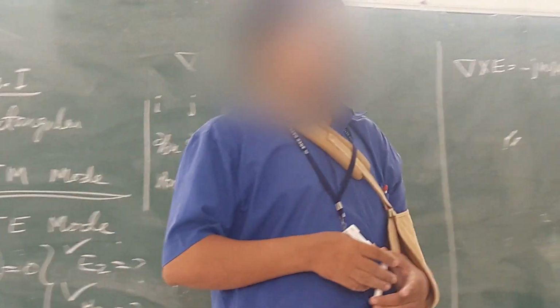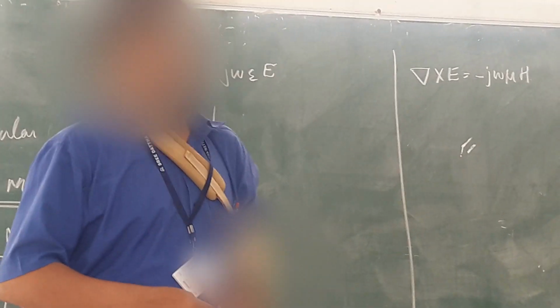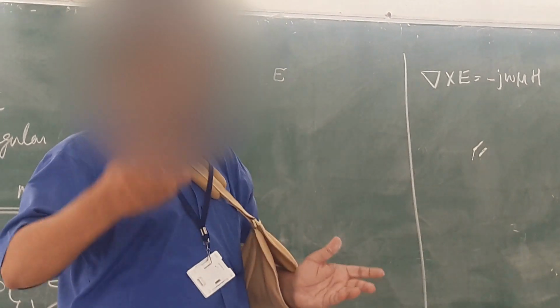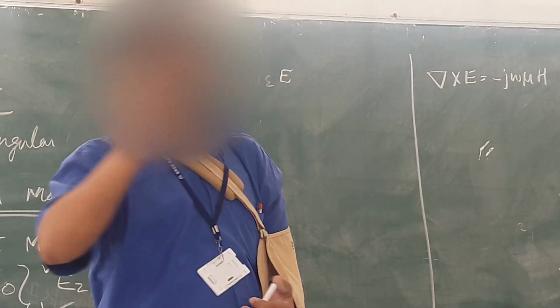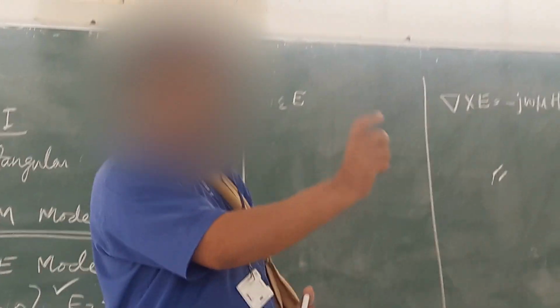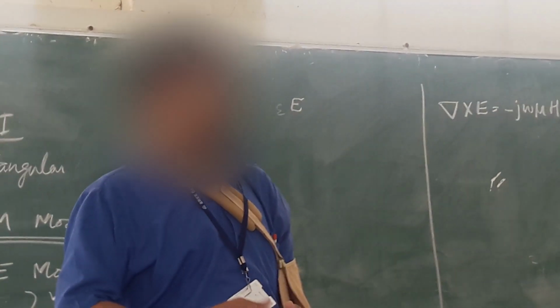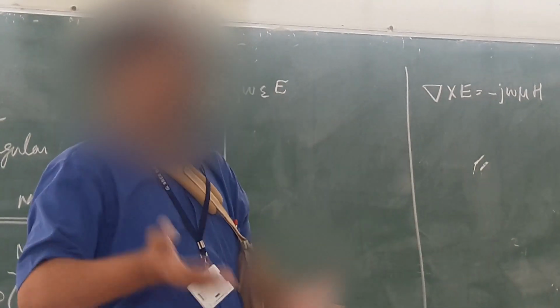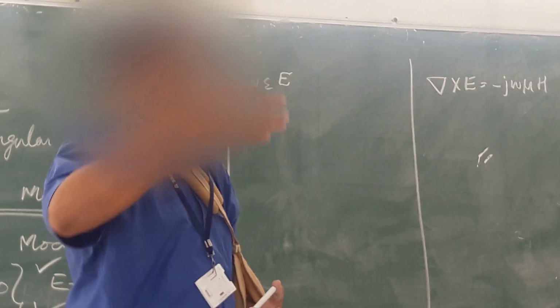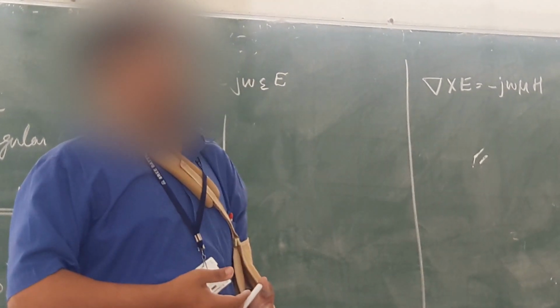What the Maxwell equation is: Maxwell has integrated some equations. Different physicists came with different equations, different solutions, and those solutions he has integrated. So he has framed four different equations.